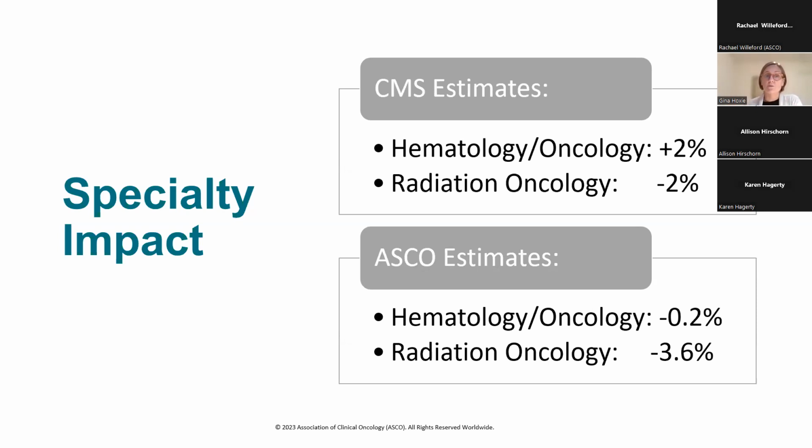It's not an individual look at what your reimbursement will be in 2024, but it's just meant to give a general idea. So at ASCO, we do our own analysis also to get a better look at what we can expect reimbursement to look like in the coming year. There's a few things that CMS does not take into account when they release those impact tables.